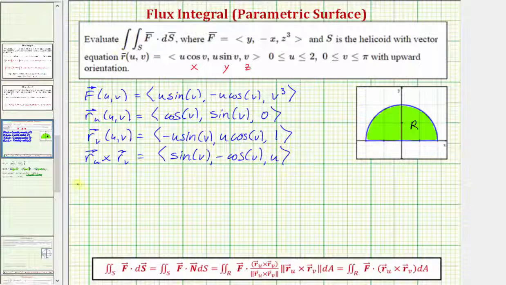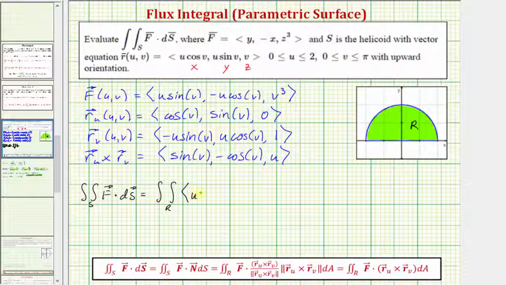So the given flux integral is equal to the double integral over the region R. Remember, the region R is S projected onto the UV plane, which would be this region here. And then we have f of u comma v, which we have here.